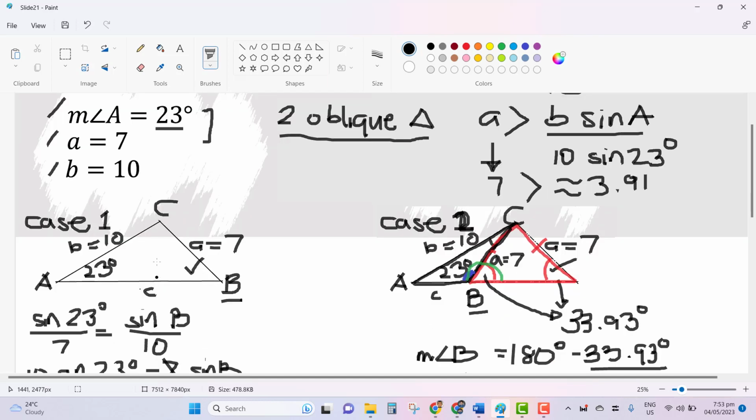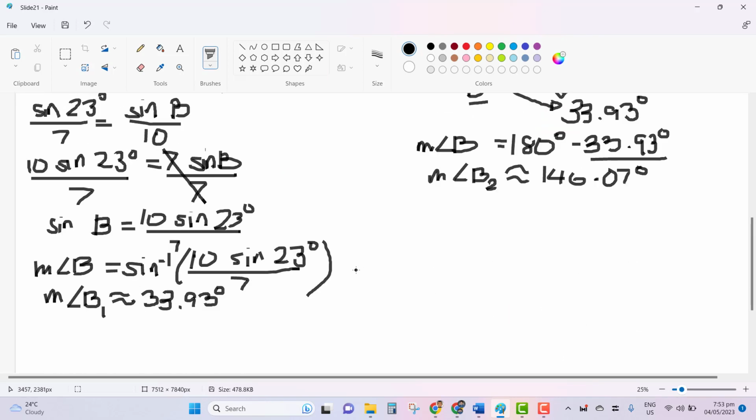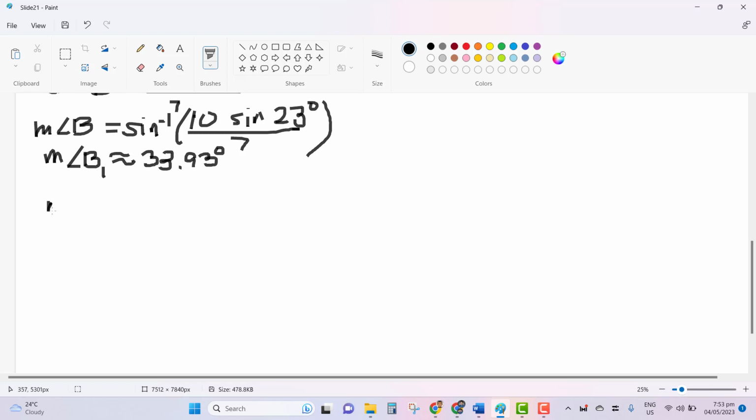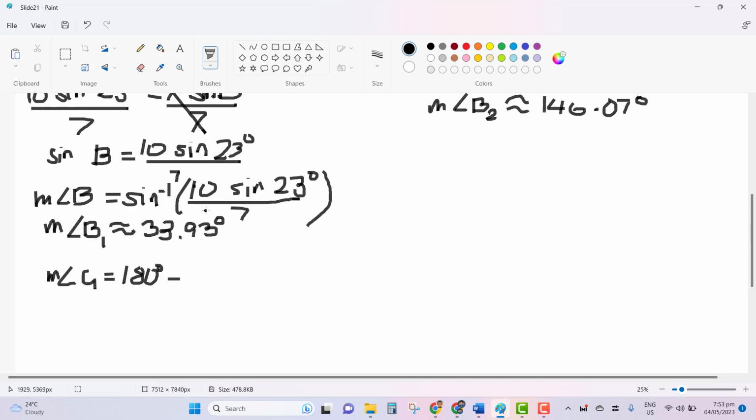So for the measurement of angle C here, and even angle C in case 2, we'll simply use the triangle angle sum theorem because we already have the measurement for angle A and the solved different values for B. So the measurement of angle C1 for case 1 is the difference of 180 degrees and the original 23 degrees, and this B1, 33.93 degrees.